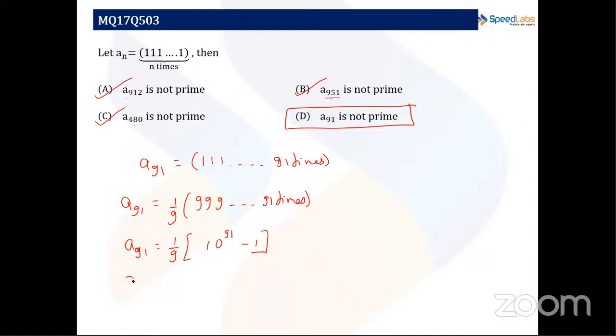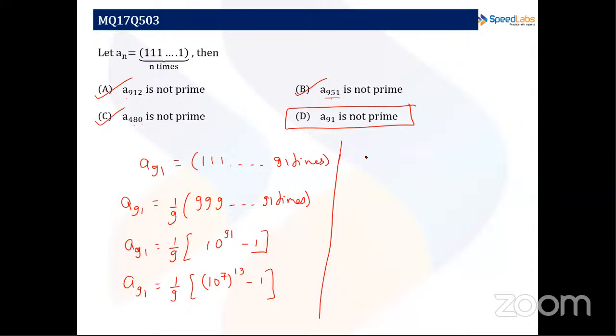Now here, A_91 is 1 upon 9. So 91 we are having as 7 times 13, so 10 to the power 7 times 13 minus 1.